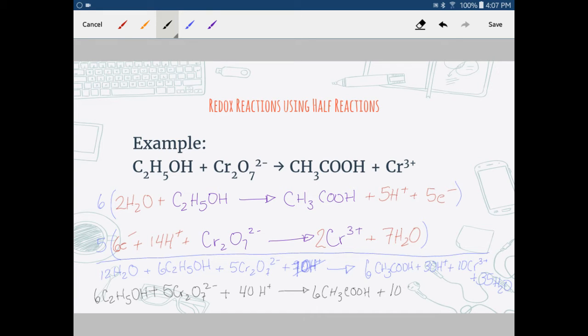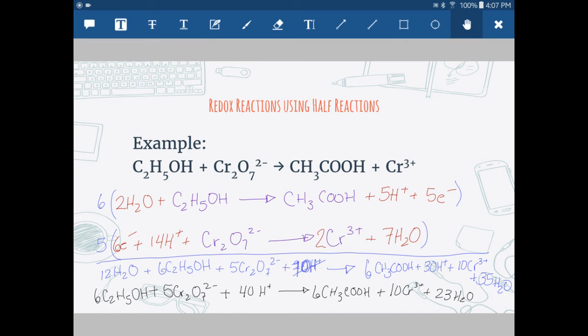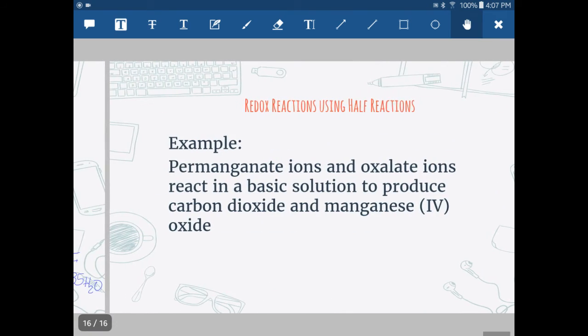I have 10 chromiums, and I have 23 waters remaining. So this is exactly like what we've looked at before with our half reactions.